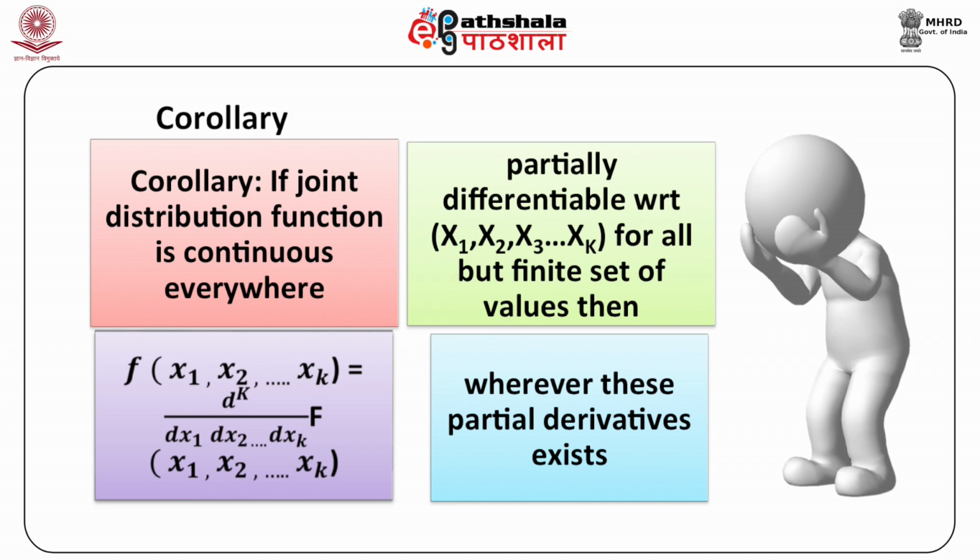Corollary: if the joint distribution function is continuous everywhere and partially differentiable with respect to x1, x2 to xk for all but a finite set of values, then f(x1, x2, ..., xk) is equal to del raised to the power k of F divided by dx1 dx2 to dxk, wherever these partial derivatives exist.